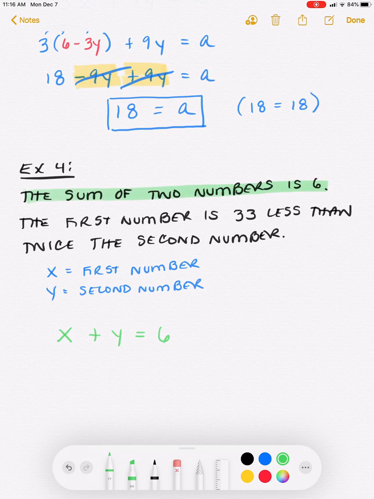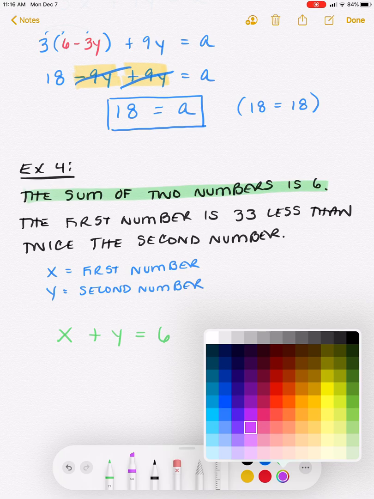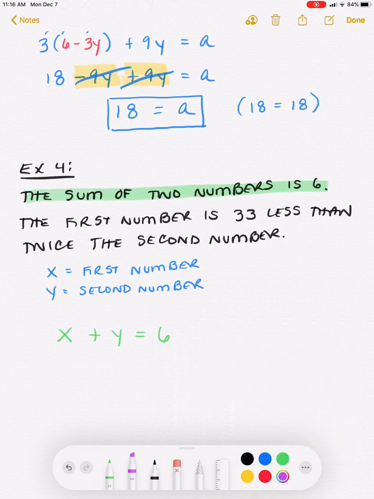Okay? But you can't solve just one equation with an x and a y. We're going to need a second equation. And that is where we're going to reread this part. Okay? The first number is 33 less than twice the second number. And so the second equation, okay, again, it says the first number is. This right here represents the equal sign.